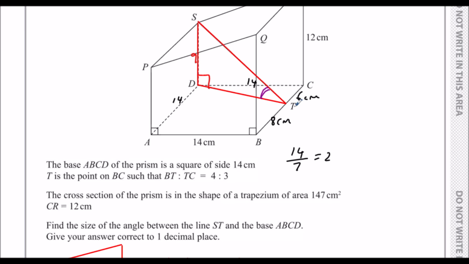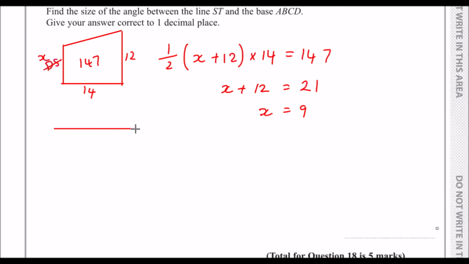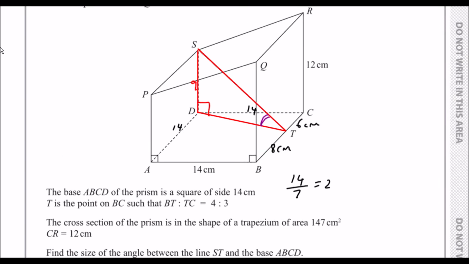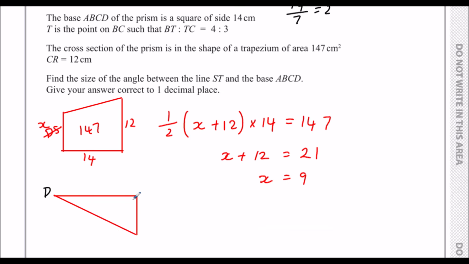DCT, to work out D to T. So it's DCT, and we've got 14 and 6. So we can use Pythagoras.